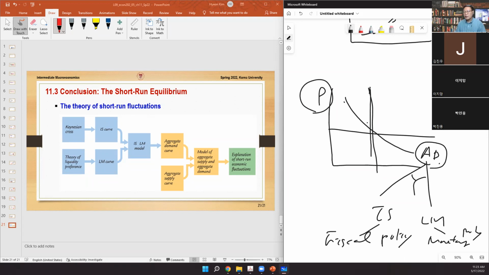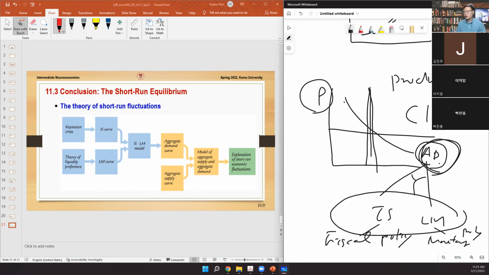And then AS is the other side. Still the same thing, it comes from production. In terms of Keynesian economics, they would like to focus more on or emphasize aggregate demand. But in classical economics, the final closure, we call it the closure, how the final outcome is determined, is determined by the supply side.